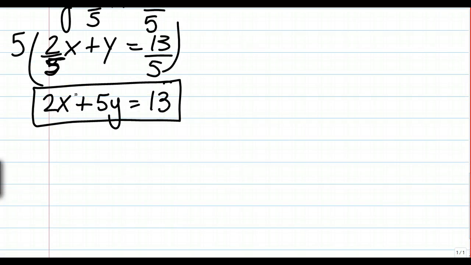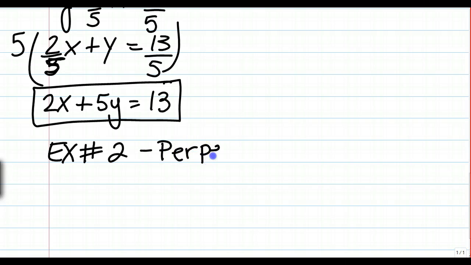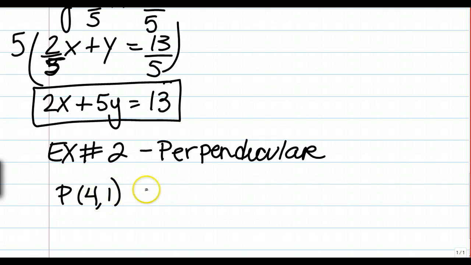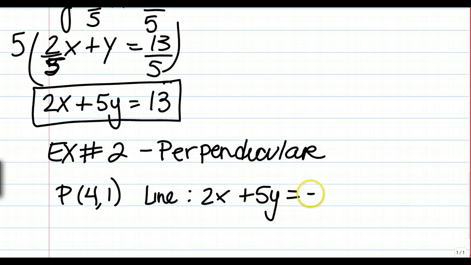Let's say for example number 2, we wanted to find a perpendicular line. And I'm going to give you the same point, 4, 1, and I'm going to give you the same line, 2x plus 5y equals negative 10.